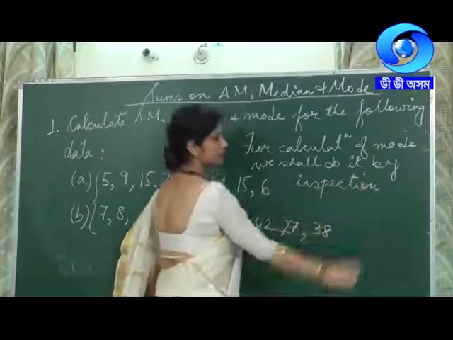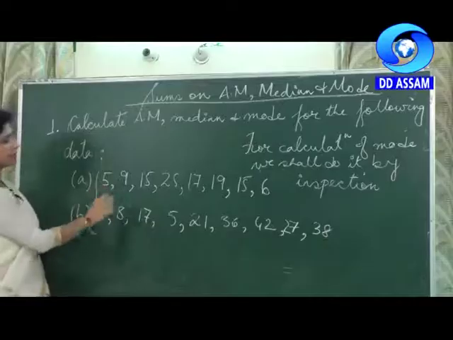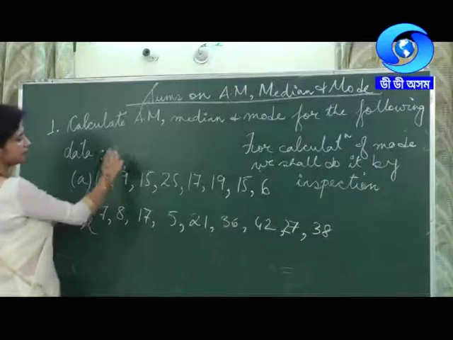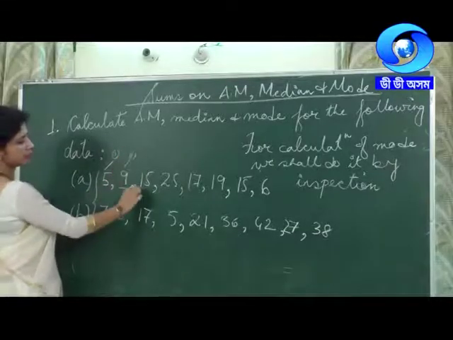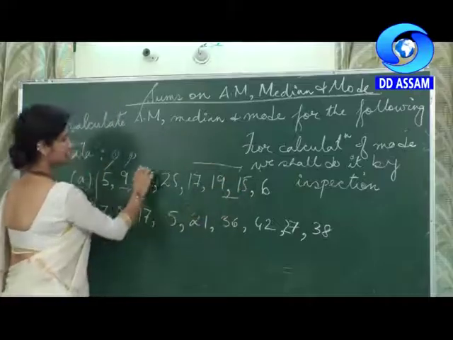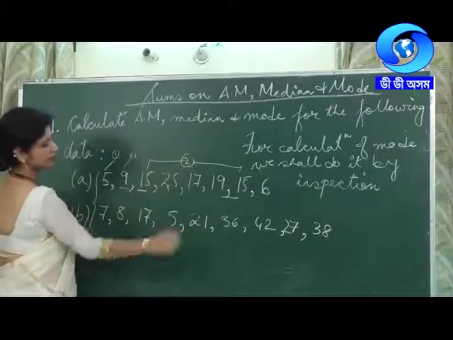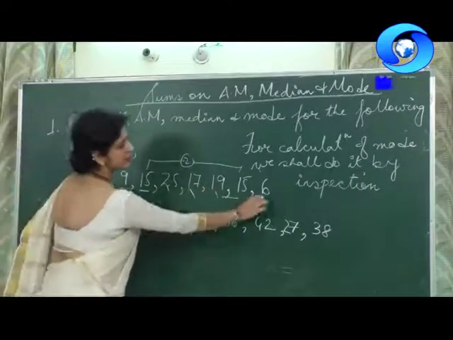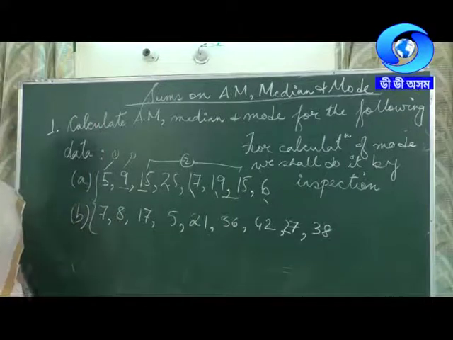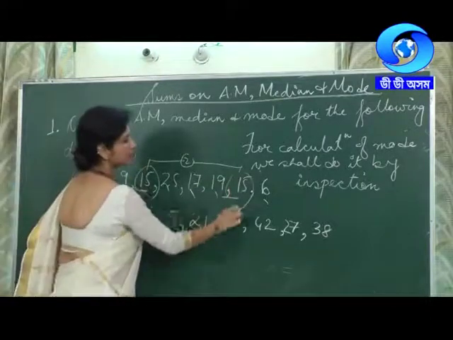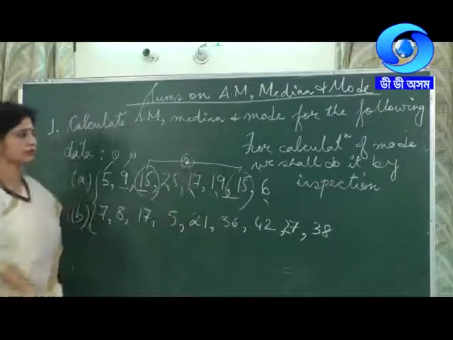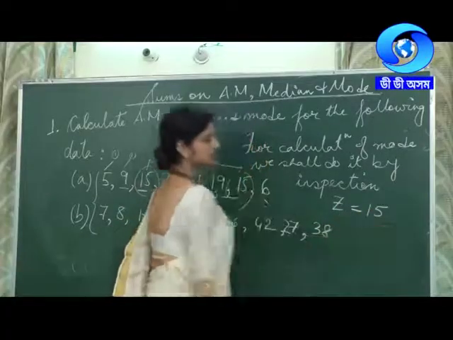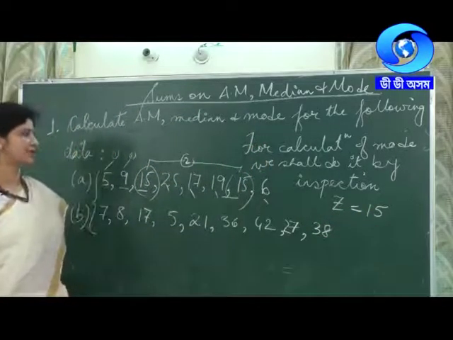So you will look into the series and see how many times each of the values is occurring. 5 is occurring only one time. 9 is occurring one time. 15 occurs 2 times. 25 is occurring one time. 17 is occurring one time. 19 occurs one time. 6 also occurs one time. That is, there is only one value which is occurring twice. So what will be our mode? Mode will be equal to 15 because it has the highest number of occurrences.